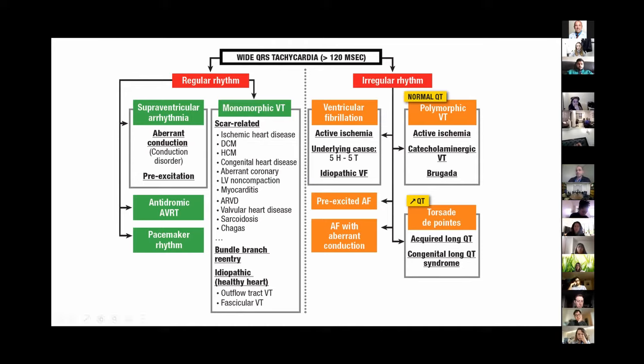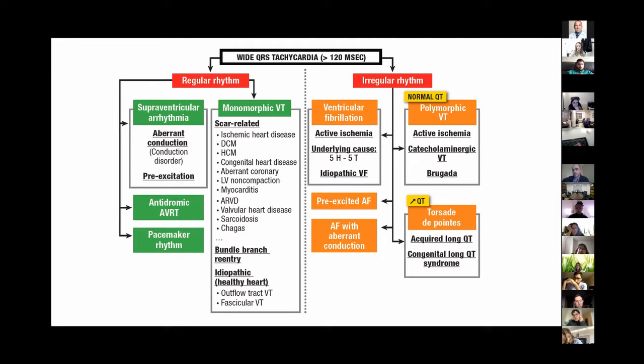So if you have an irregular wide rhythm, you're either dealing with VFib, and you will know that the patient is probably going to be coding. In the situation of polymorphic VT, it might be hard to recognize, but usually patients will be unstable.